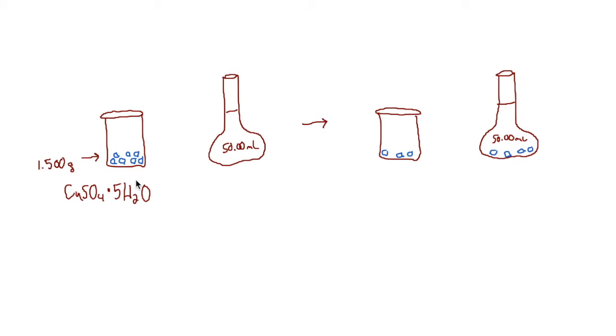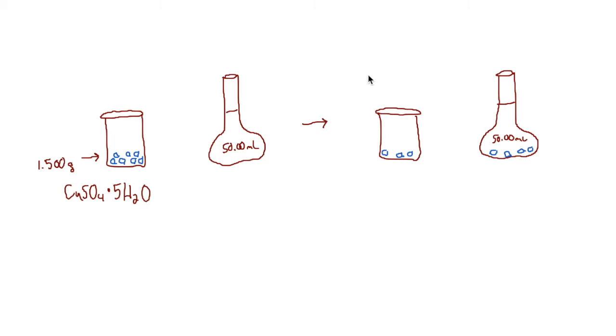So you have some copper 2-sulfate pentahydrate that you weighed out into a beaker, and what you're supposed to do next is to pour it into this 50 milliliter volumetric flask in order to make your stock solution. And so you can pour it through a funnel, and then if there's any left in your beaker, you're supposed to rinse it in with some water and get all that 1.500 grams into the flask so you can make your stock solution.